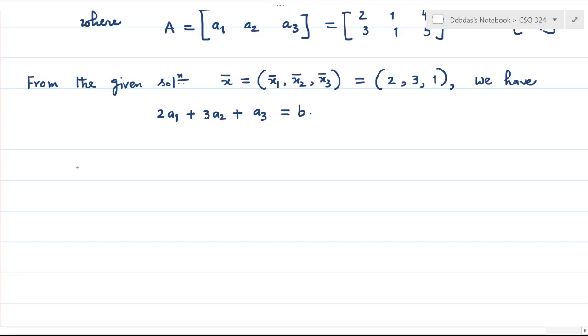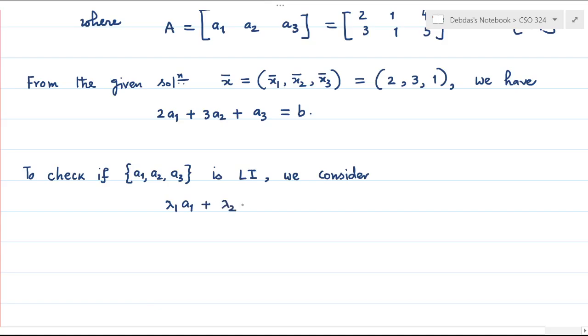let me check whether the set A1, A2, A3 is linearly dependent or independent. To check this, we consider the equation lambda 1 A1 plus lambda 2 A2 plus lambda 3 A3 is equal to 0 having a non-zero solution.